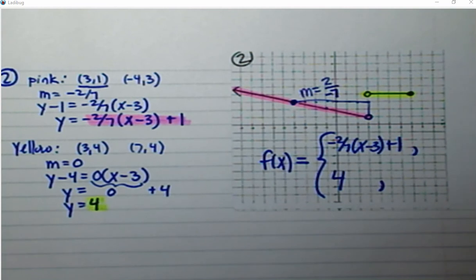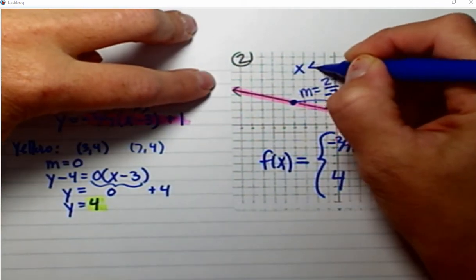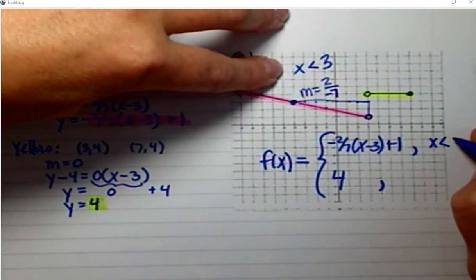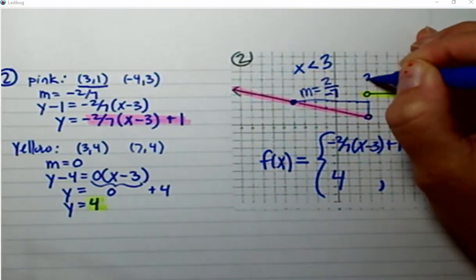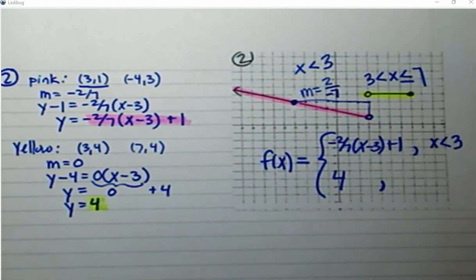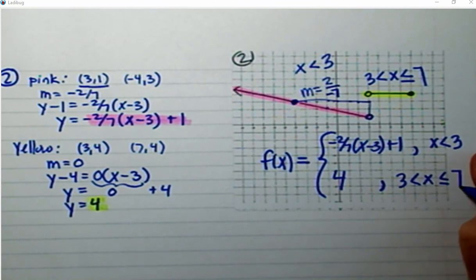So let's do our domain here, and then I'll show you the 2 ways to write that. Okay, so my pink domain is x less than, not including 3. And this one, not including 3, including 7.